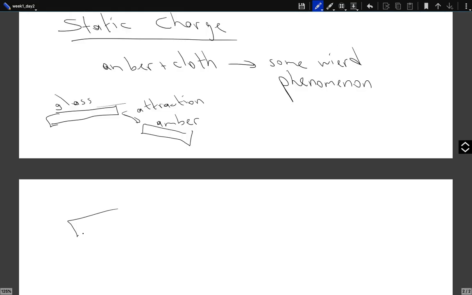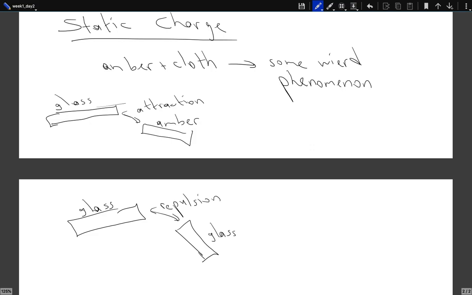Then you change, you have the glass, and you create another glass. There's a repulsion. So what can you conclude from these?